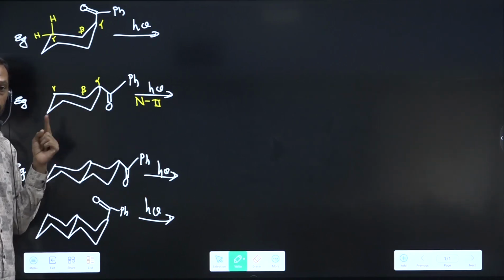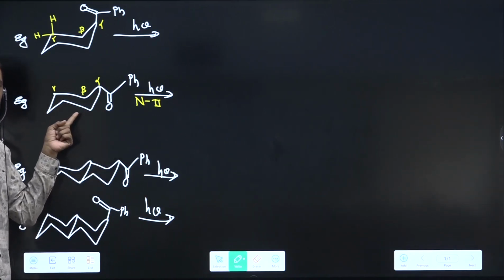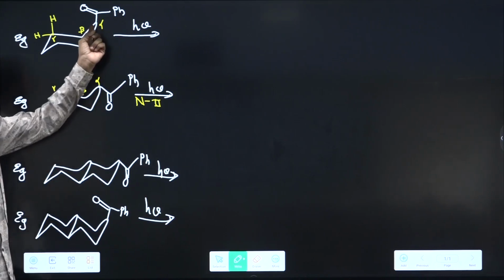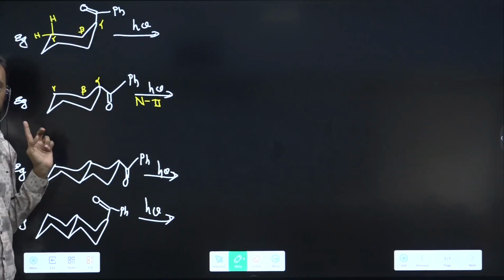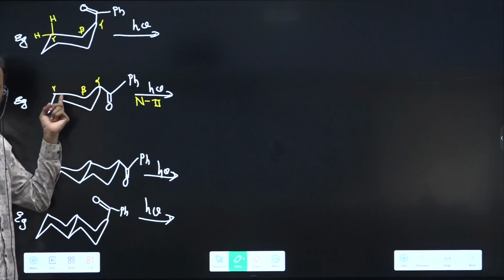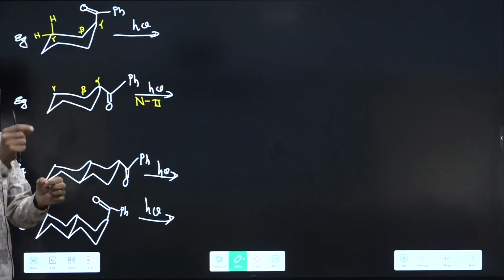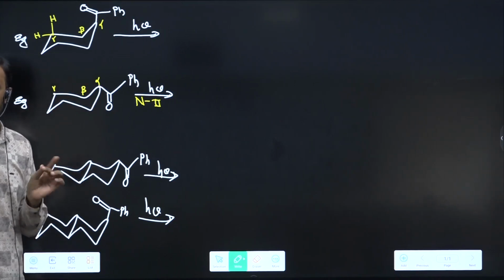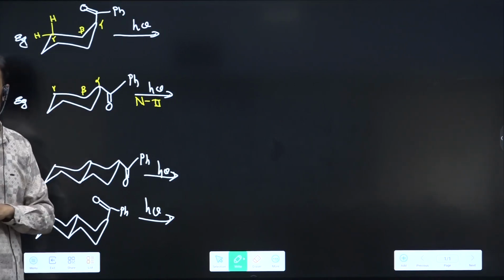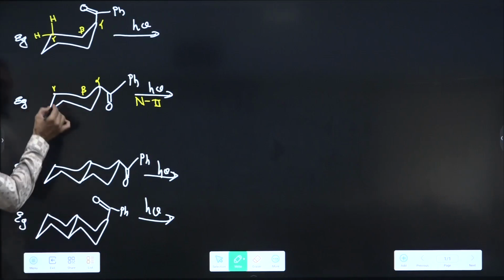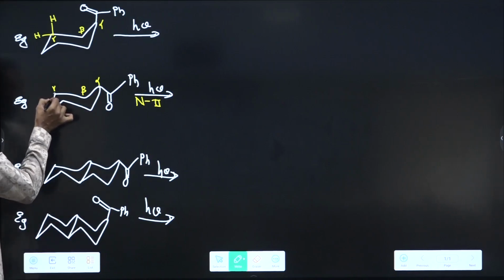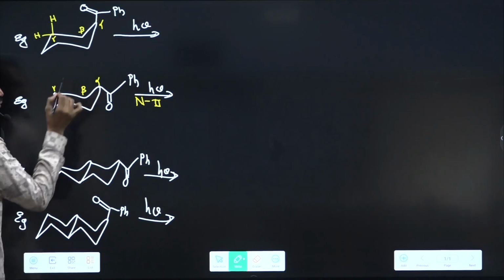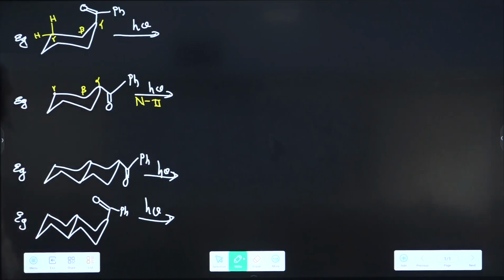Why? These undergo ring flipping. If they undergo ring flipping, they will give this molecule. On ring flipping, it will give this one. These two are same, they are flipped isomers. When ring flipping is possible, NAR-2 is possible, even though hydrogen is not conveniently available. So give the answer.